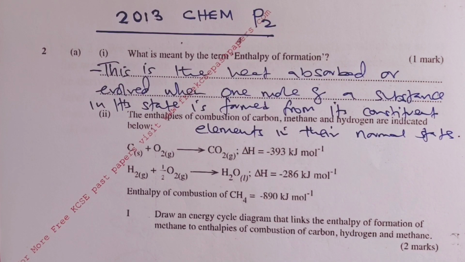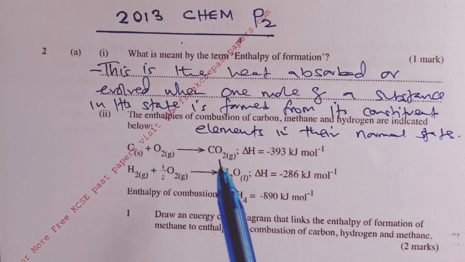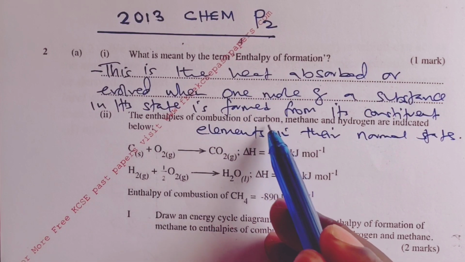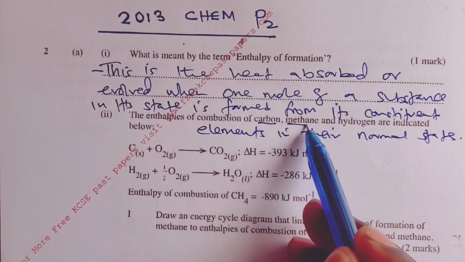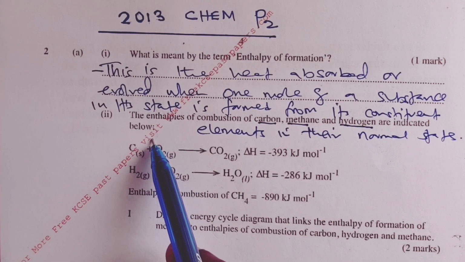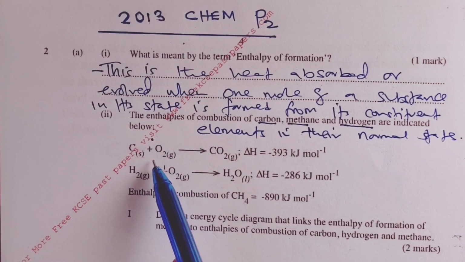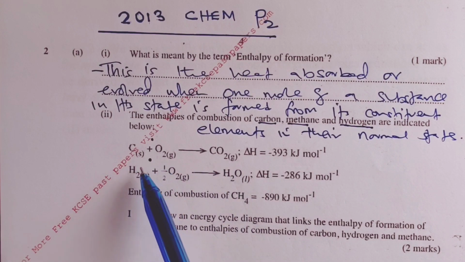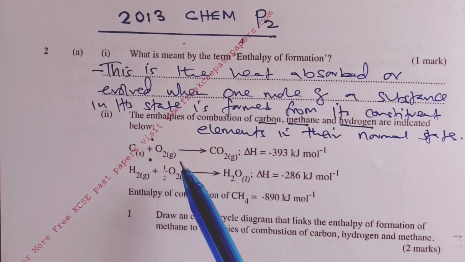So we proceed now to Roman 2 of part A. The enthalpies of combustion, methane and hydrogen, are indicated below. So we have enthalpy of combustion of carbon is given here, and the equation is already written.